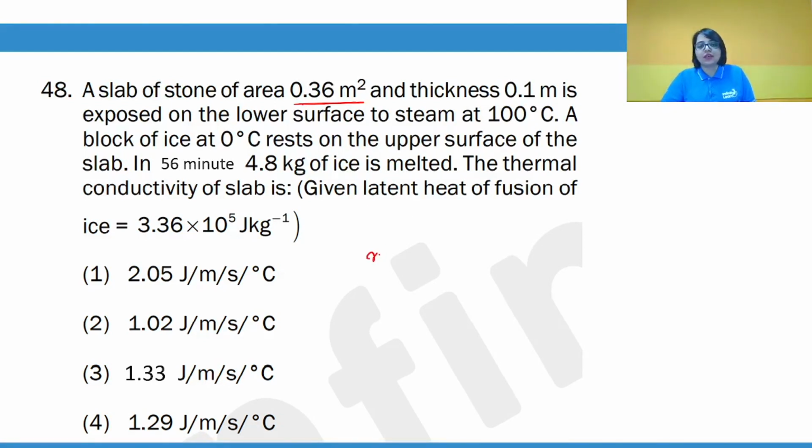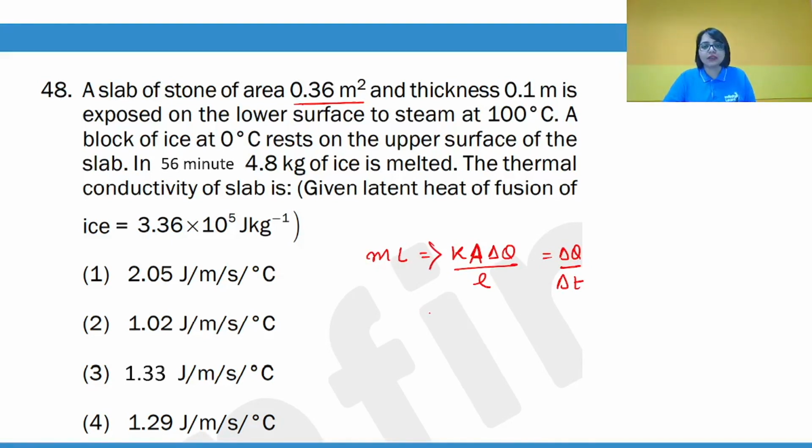So basically, heat required is mL, and that is equal to K A delta theta divided by L, right? So this is delta Q by delta T, and this delta Q by delta T will help you in melting. So you can write delta Q is equal to mL.